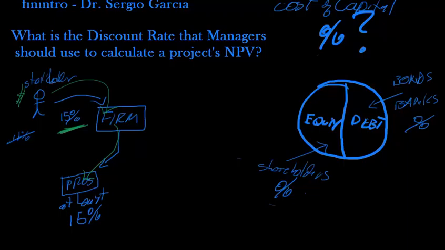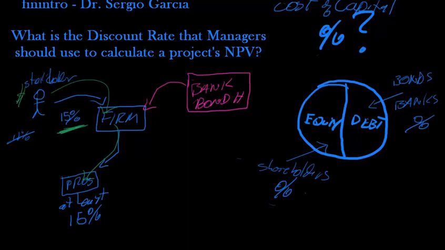On the other side, you have a bank or a bondholder. And the banks and the bondholders, it's a little different. They are willing to lend you money at some rate. Usually it's smaller than the equity cost of capital. Let's say it's a 5% loan. If this is the case, then the firm has to go out and select projects that have at least a 5% return.